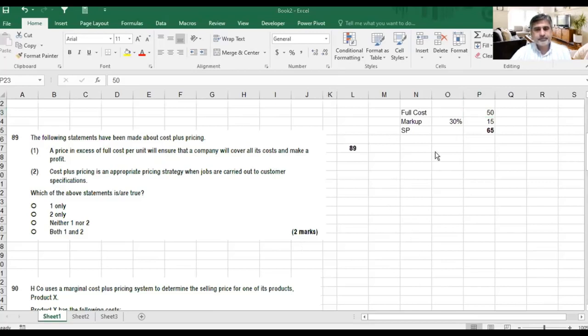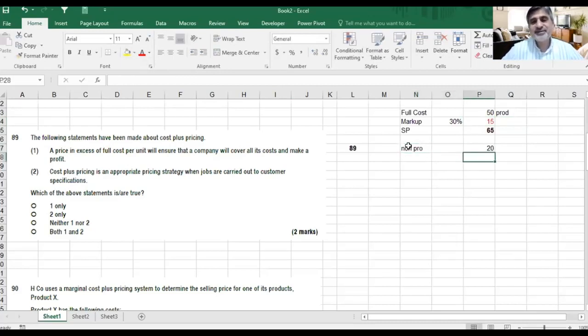So true, I guess. Why do you think it is true? It is false. Because actually what we have added inside of full cost, you have only added production cost. You might have non-production cost. Maybe you have added a markup of $15, but maybe you have non-production costs which are $20.